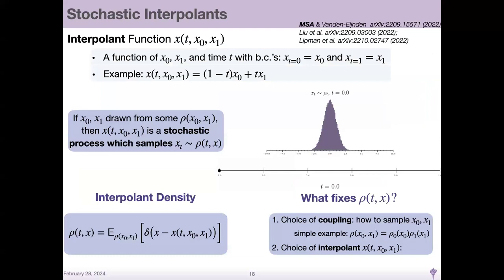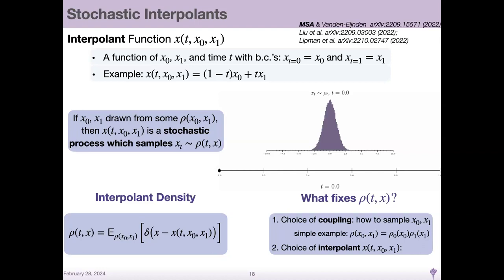To do that, we're going to introduce this thing that we call an interpolant function. Okay. So an interpolant function is going to be some function that I call I, a function of time, samples from the initial density x0, and samples from the target density x1.